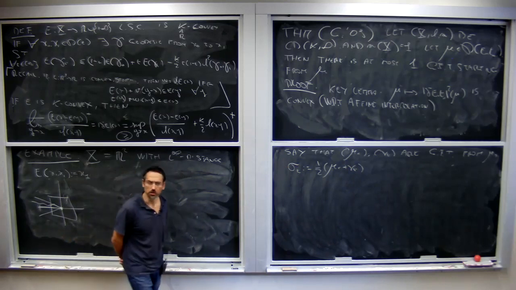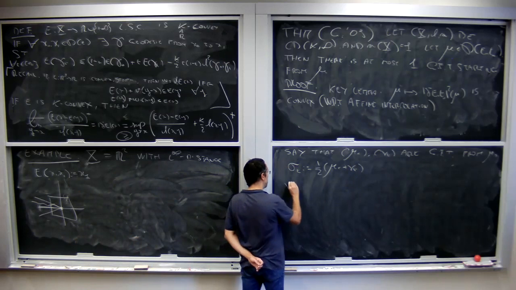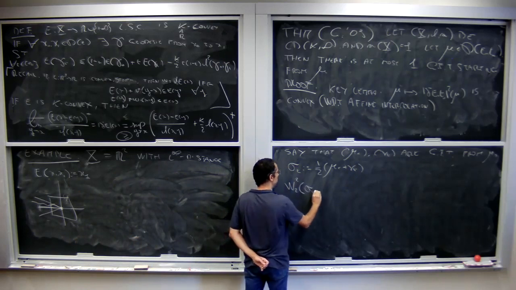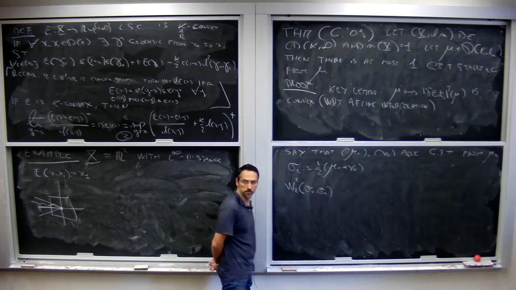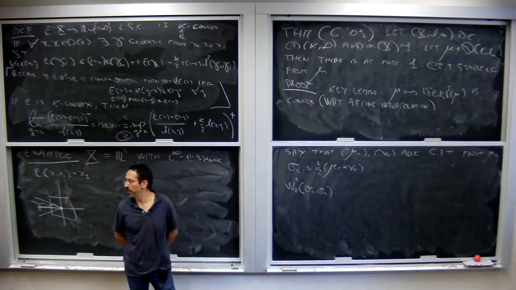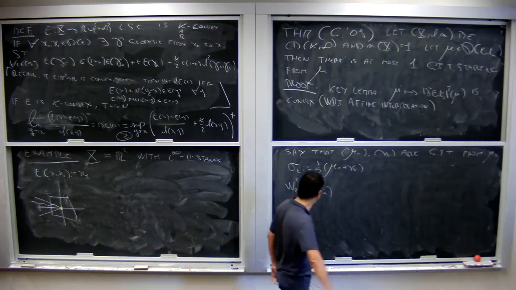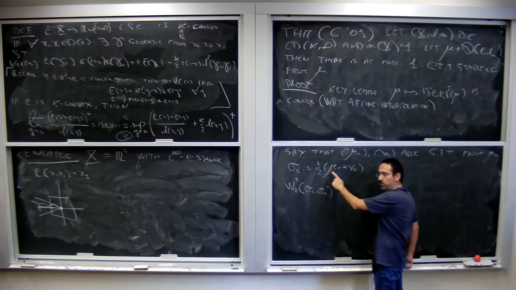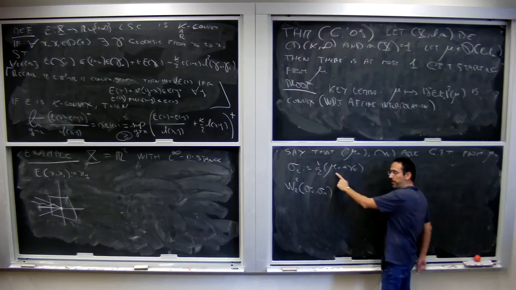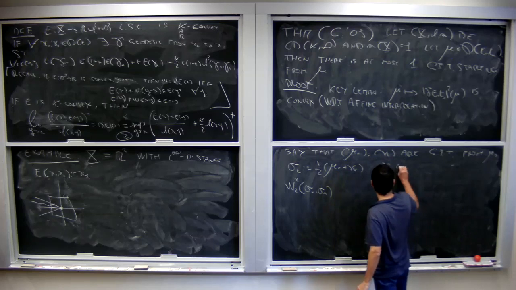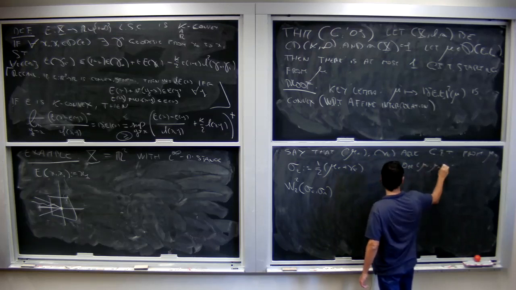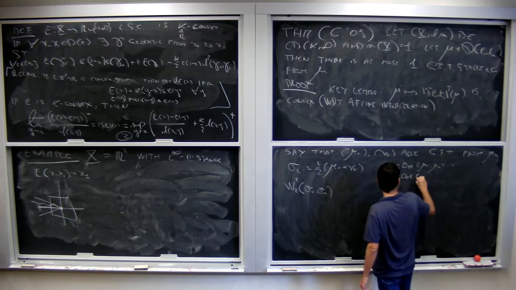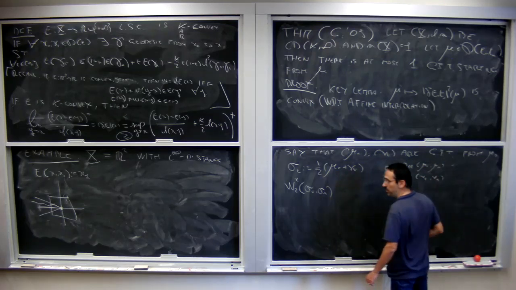Notice that, how much is the distance squared between sigma_t and sigma_s? In the optimal transport problem, you can pick an optimal plan alpha from mu_t to mu_s, and another optimal plan beta from nu_t to nu_s.